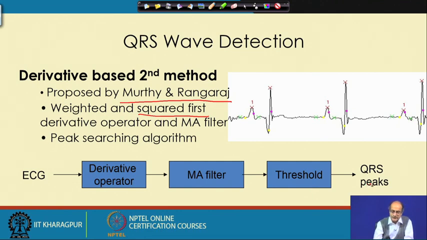So, there is a difference: instead of taking the absolute value, they are taking the square, okay. And the squaring serves two purposes. The first thing is that it makes the signal positive, so that one threshold will do to find out the peak. The other thing it does is that it emphasizes the high amplitude signals more than the low amplitude signals. Okay. So, it gives a transform which helps to emphasize the high amplitude signal.